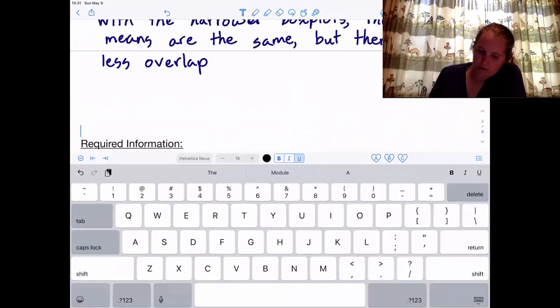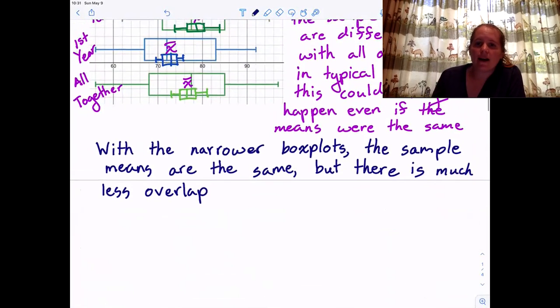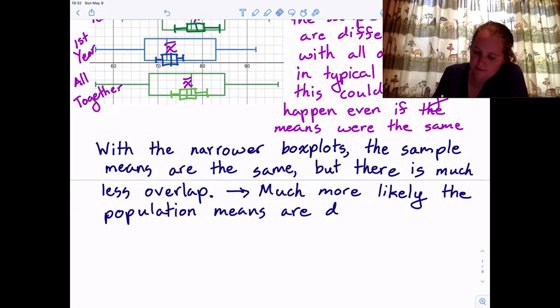So with the less overlap, this makes it seem more likely that the means are actually different. So it's much more likely the population means are different, or at least are not all the same.